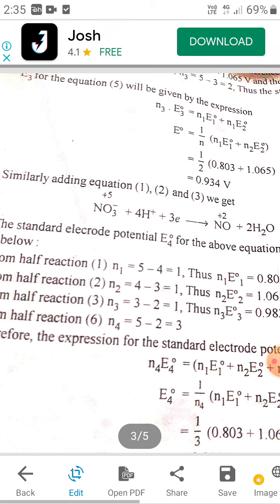For other reactions also, we can calculate in the same way, and these can be easily calculated after having the expressions of electrode potentials.